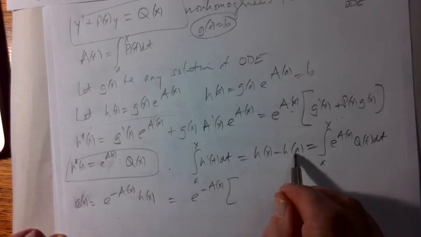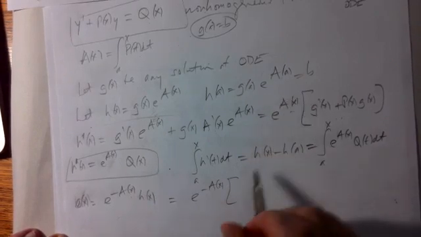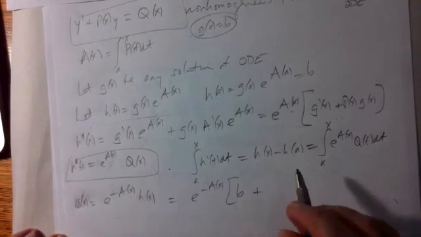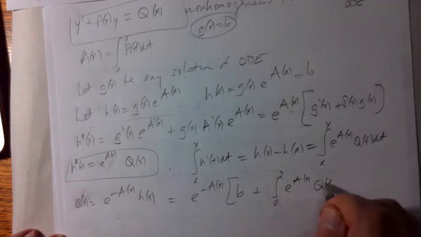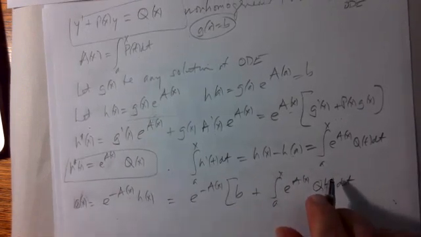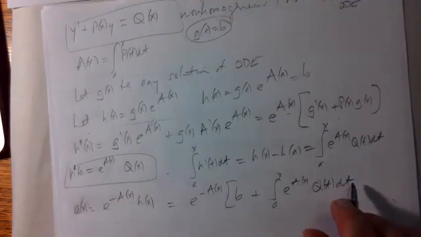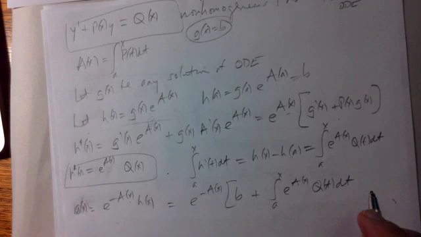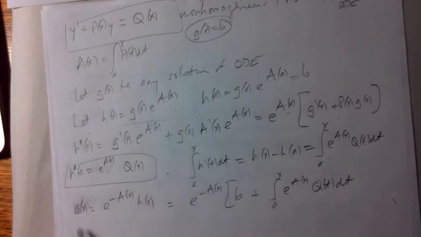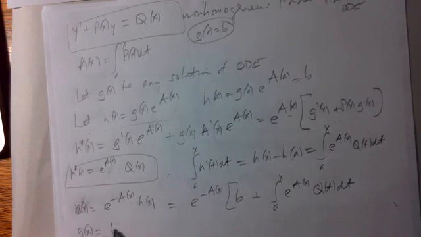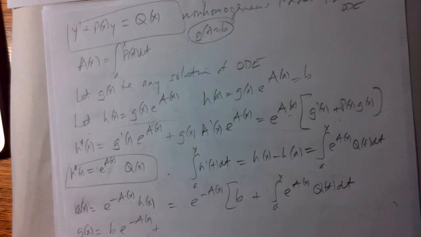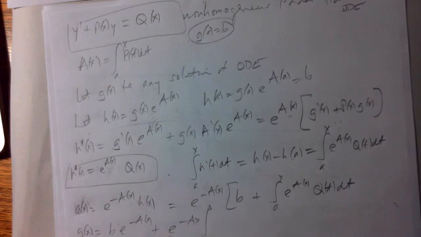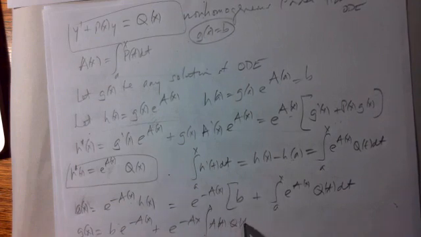H of x is h of a, I'm just putting this on the other side, and h of a is b, plus the integral from a to x, e to the A of t, q of t dt. That is g of x equals b e to the minus A of x plus e to the minus A of x, the integral from a to x, e to the A of t, q of t dt.